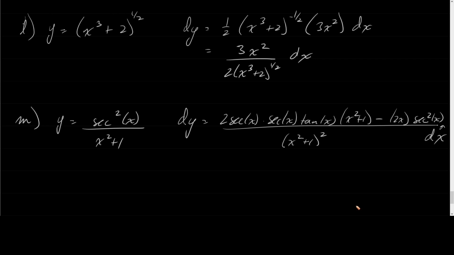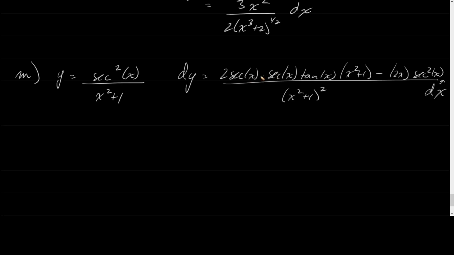So let's see, how can we reduce that? I see they both have a secant squared. So we have secant squared of x times 2 tan of x times x squared plus 1 minus, I took out just the secant squared, so minus 2x. I guess I could have taken out a 2 as well.